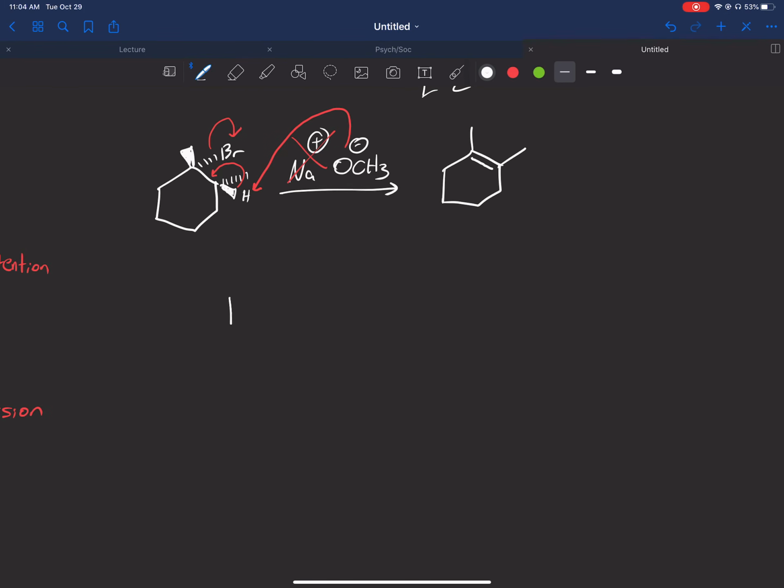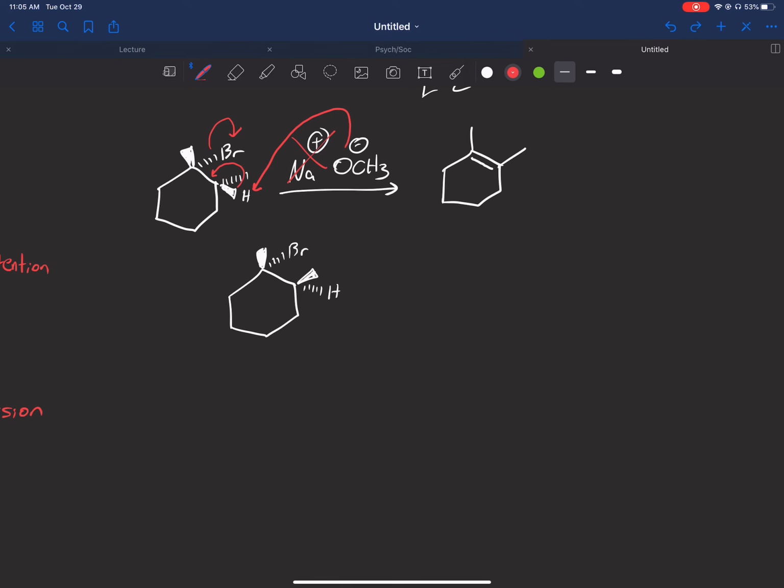If I had now this structure, where the H and the Br are the same stereochemistry, now, like I said before, we can't break that rule of the Br and H not being anti. They must be anti. So even though forming the more substituted double bond would be more stable, sorry, you're out of luck.